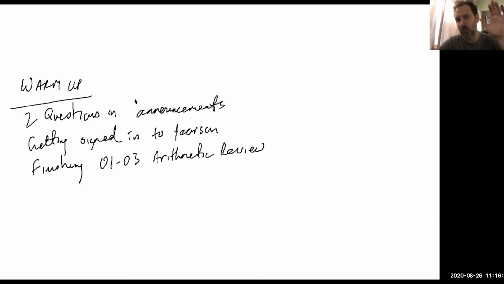So nothing from the 01 to 03 review is on the first test. It's like the starting point, foundations, precursors to the stuff that's in chapter 4. So you're welcome to start looking at the review as kind of an additional thing to think about. Yes.